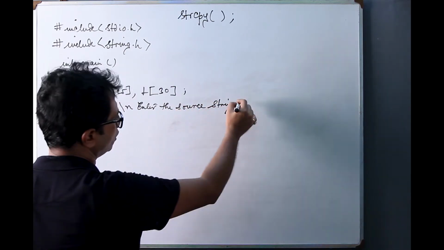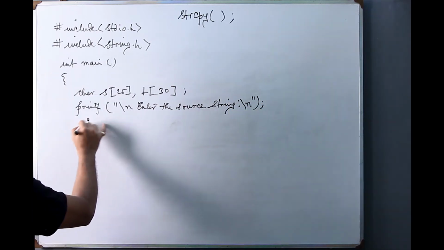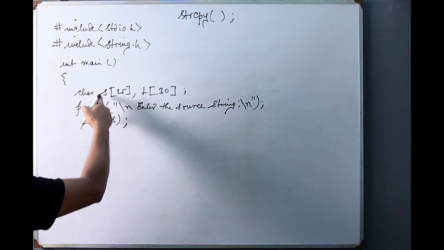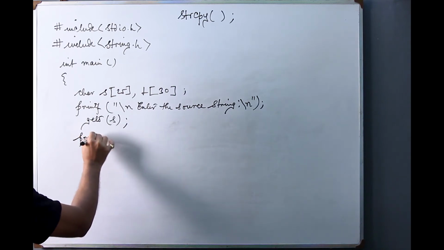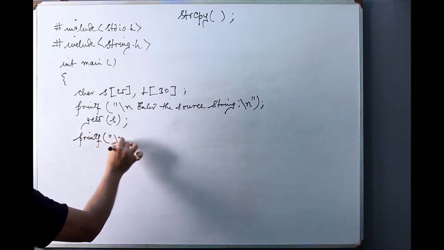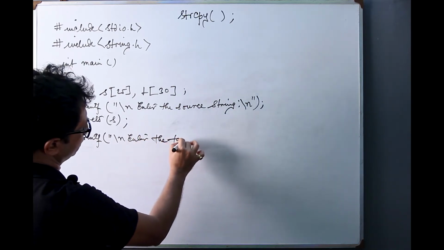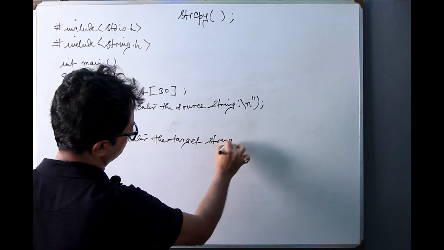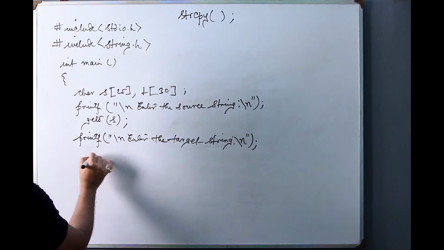Now gets s, because the source string is s. Then printf, new line, enter the target string, gets t.